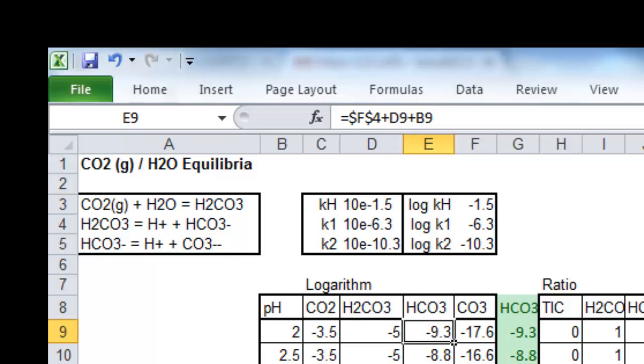Now remember, pH is the negative log of the hydrogen ion concentration, so minus log H plus is the same as plus pH.